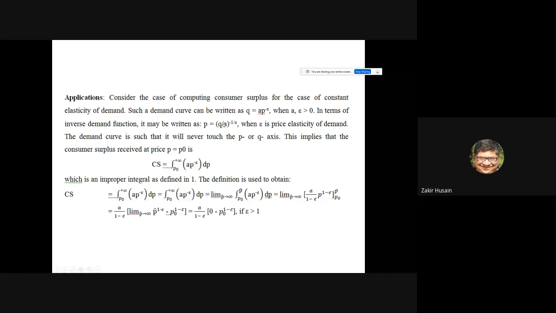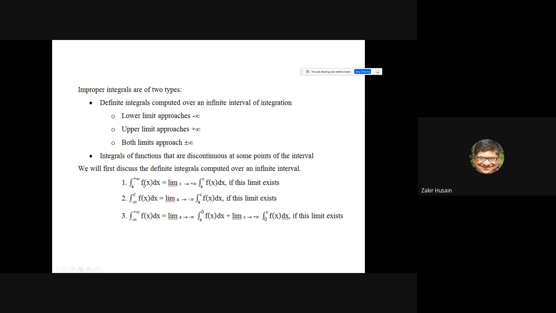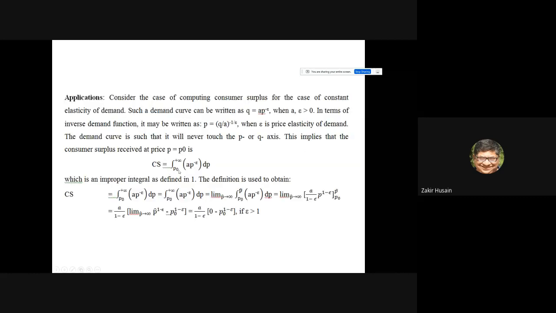Sorry, we are taking the original demand function. So this is an improper integral in this form, P0 to plus infinity. You have a lower limit but no upper limit.